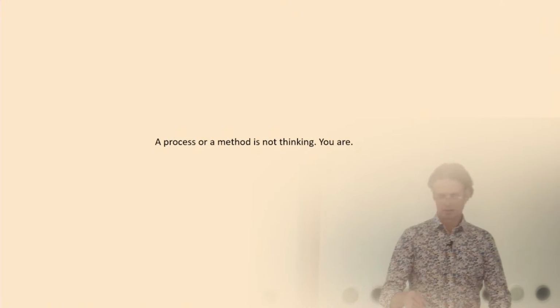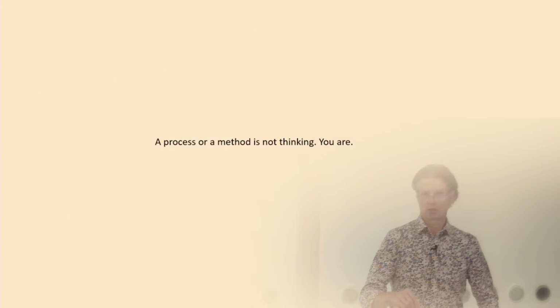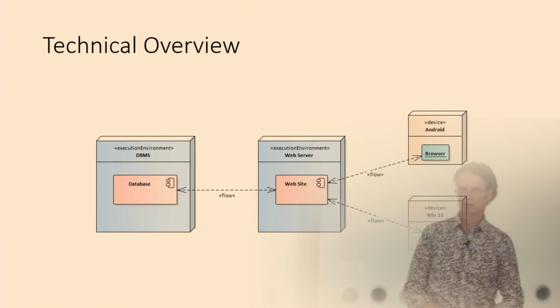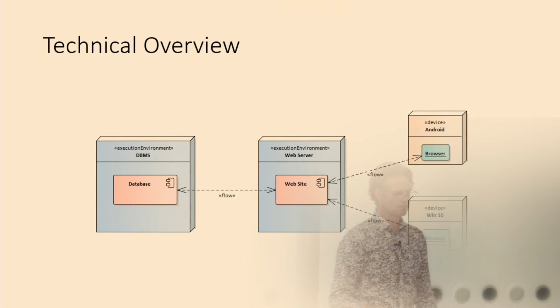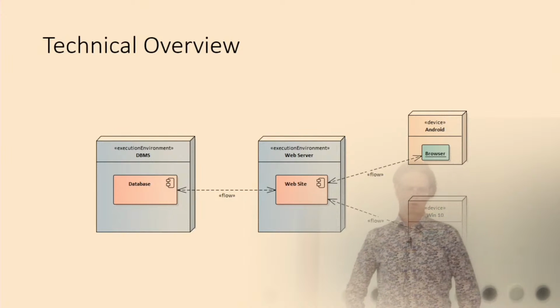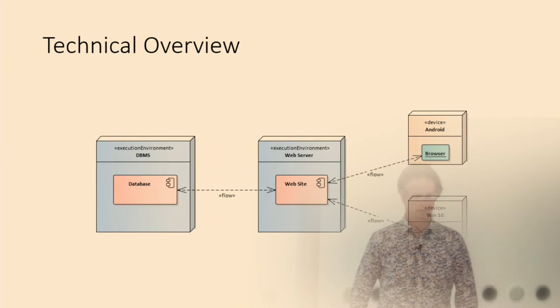Okay, so we've been talking about adding value. We have been talking about things like you're supposed to think. Let's move over to this, because I think that this is a generic solution. What you have here is a few components or objects, depending on whether you know UML or not.